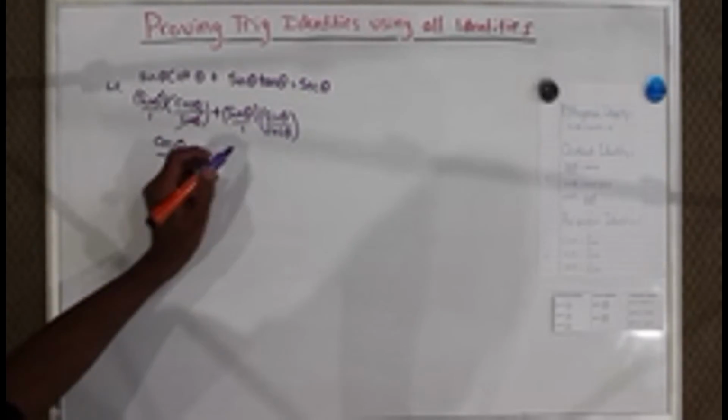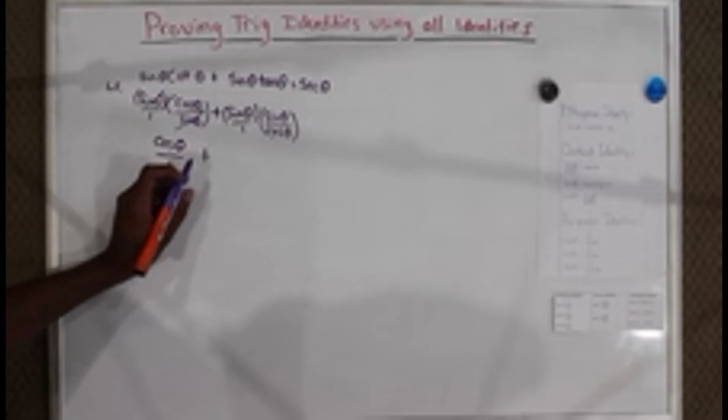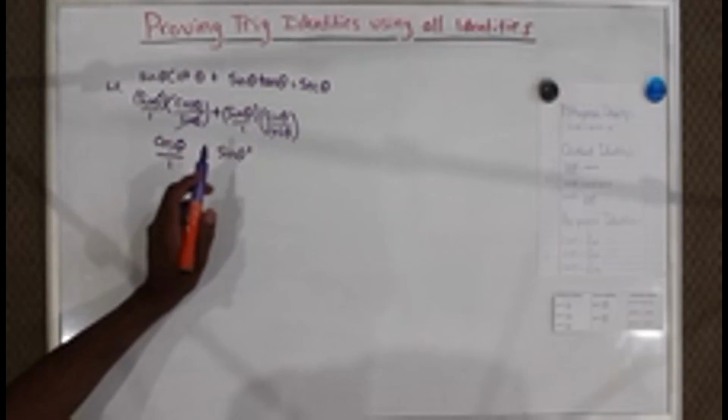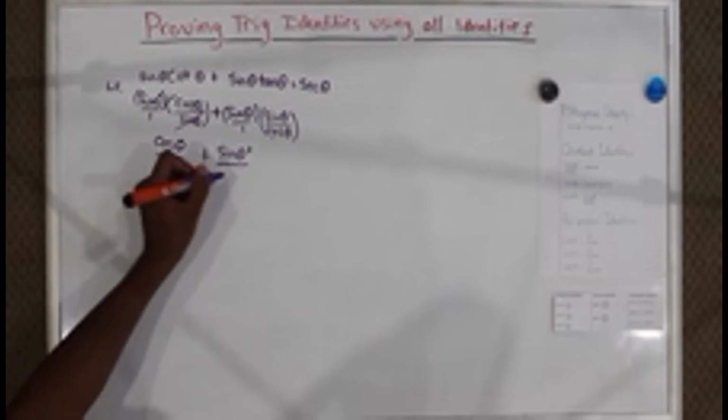When you multiply these two, you have to multiply this cos into that and this one into this. So when you flip it like that, it's going to become sine theta squared, because there's two sines now, and then you're going to divide by cos theta.